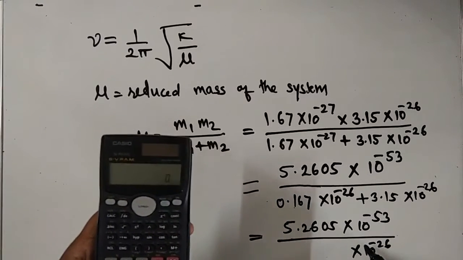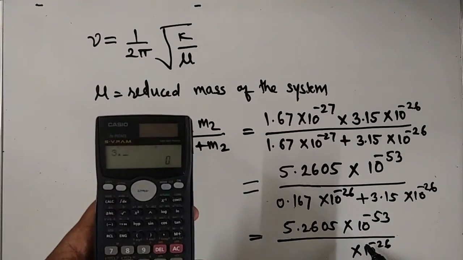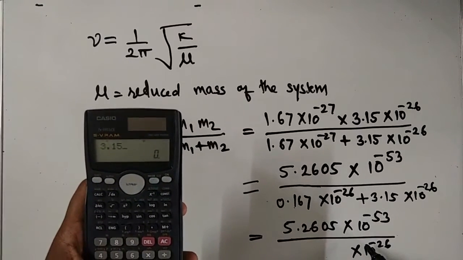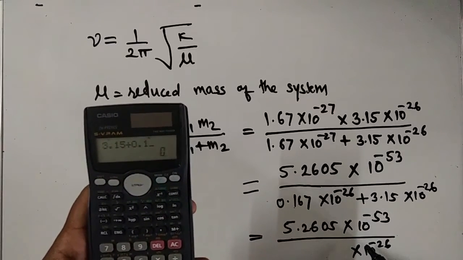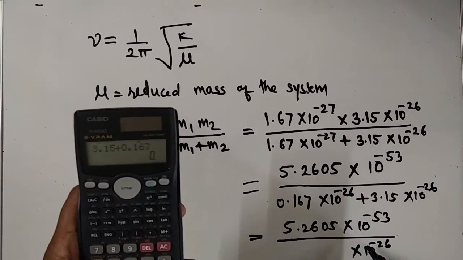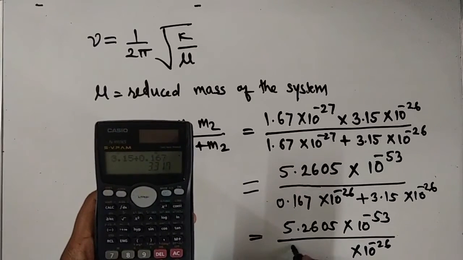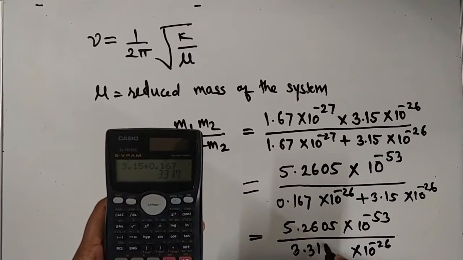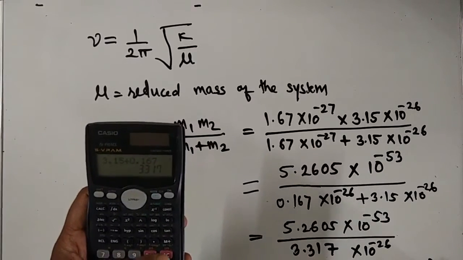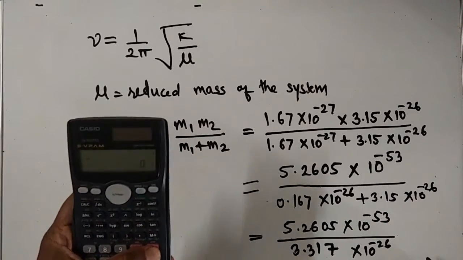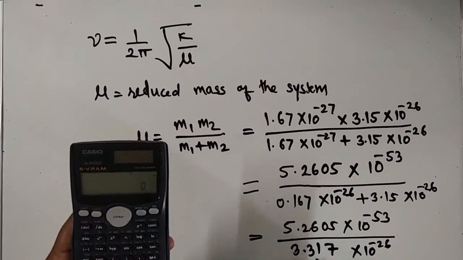The bigger one is 3.15 plus 0.167, right? That comes out to be 3.317. And therefore I can now do the division of these two terms.